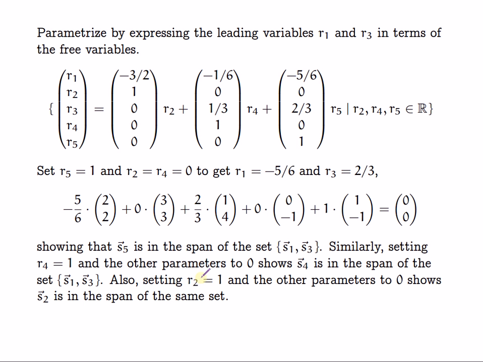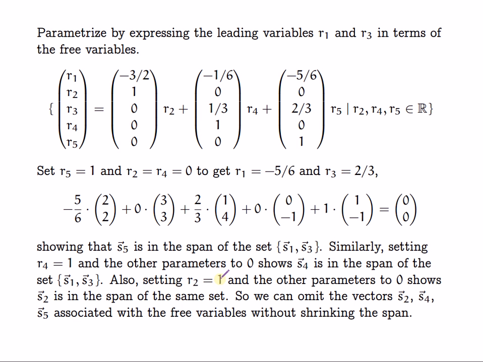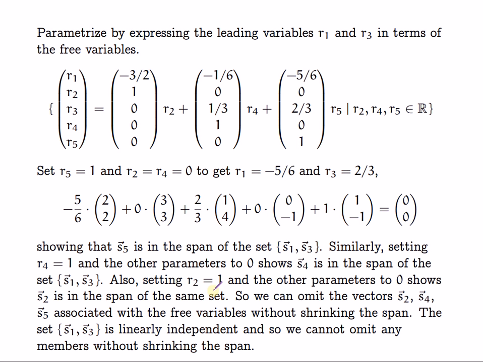So I could throw out S2, S4, and S5 and keep the same span. However, S1, S3 is linearly independent, and we can't throw out any more vectors without shrinking the span.